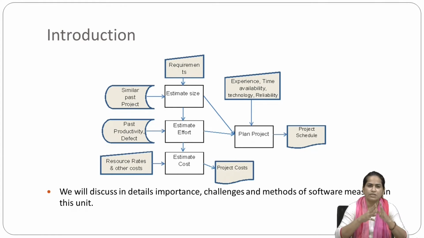Based on the requirements, we decide the estimated size, as we saw in the previous discussion. In the previous slide we also had these three things: first requirements, then based on the requirements the size, and third, the efforts. Now we are going to see how the size and efforts are decided.